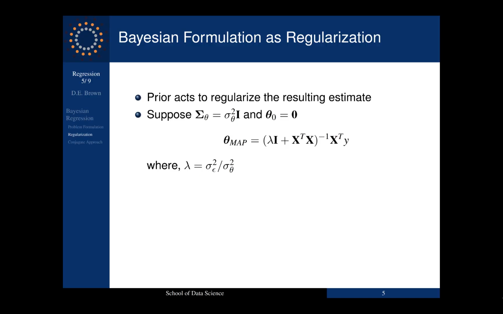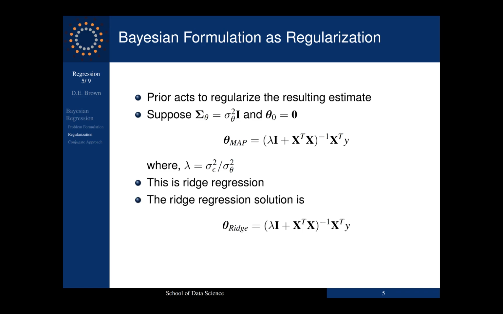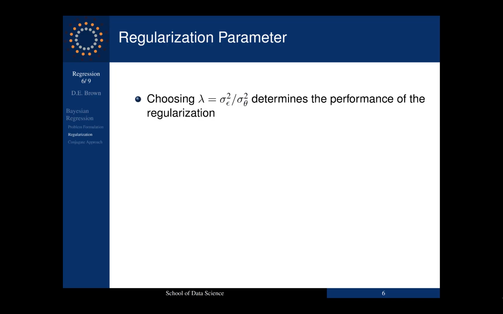So when we look at this, it should look familiar to you from your statistics class. This, in fact, is ridge regression. And in ridge regression, the solution is given by exactly the same thing. The only difference there is that in ridge regression, we don't talk about what lambda is, but now we have an understanding through this Bayesian analysis that it is in fact this ratio of these two error terms.